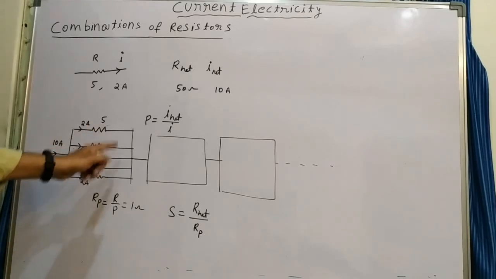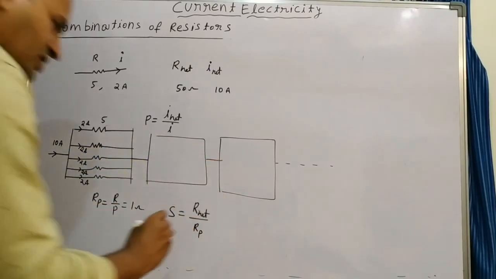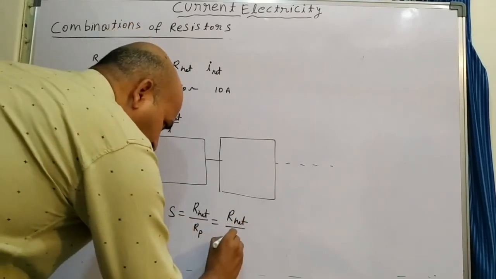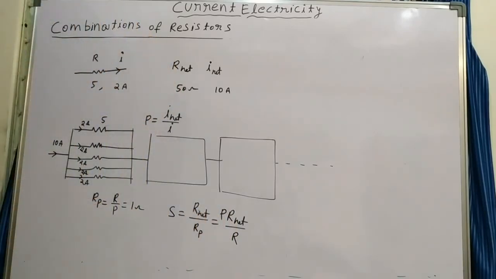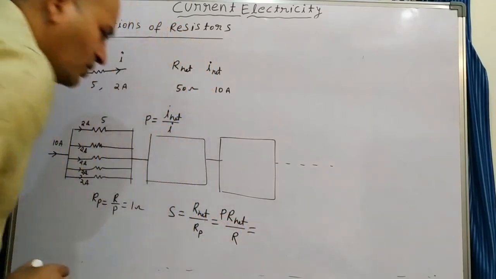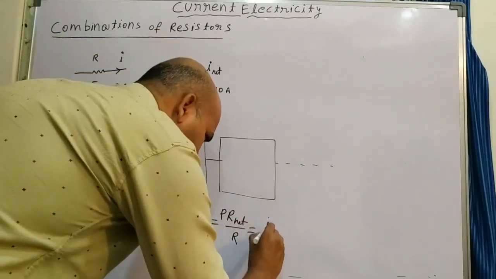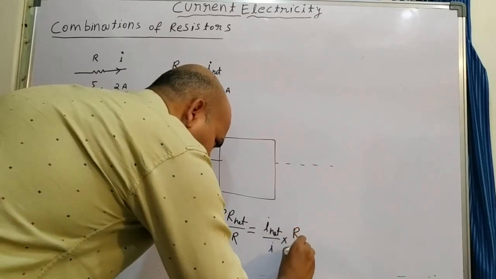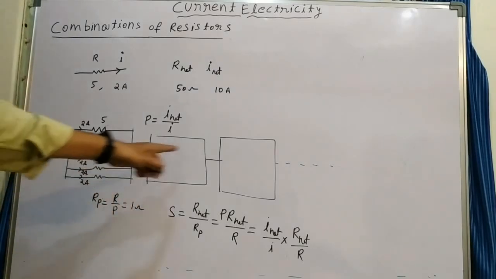The number of these sets we have to connect is R net by R parallel, nothing but R net by R by P. So from this we can write P is I net by I, and the number of sets is I net by I into R net by R. This many sets are required in series combination.